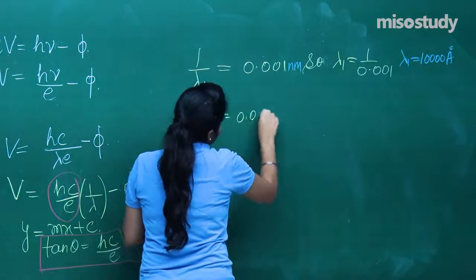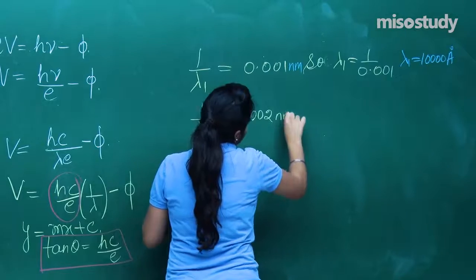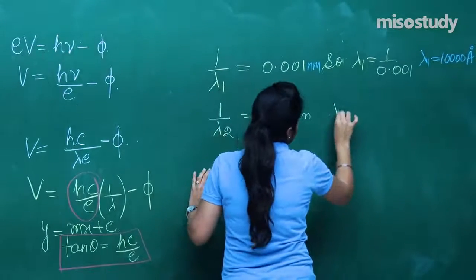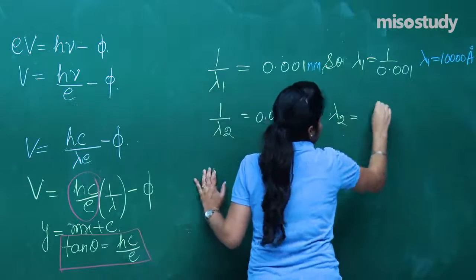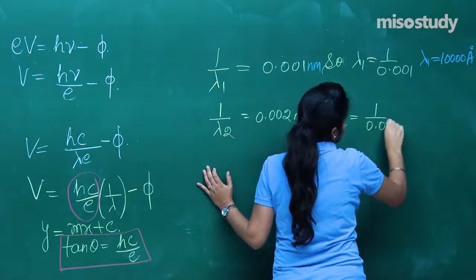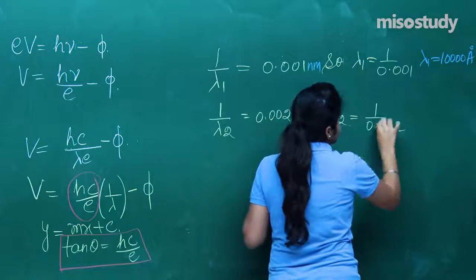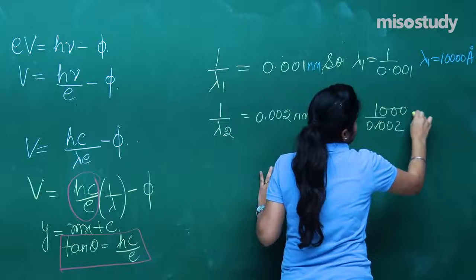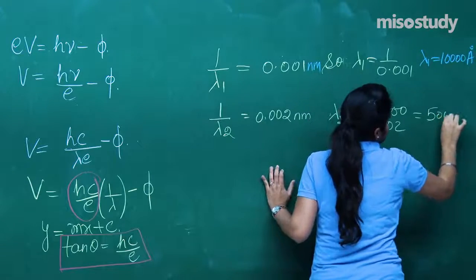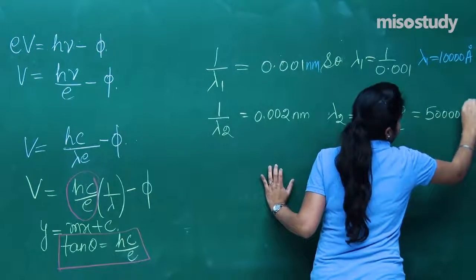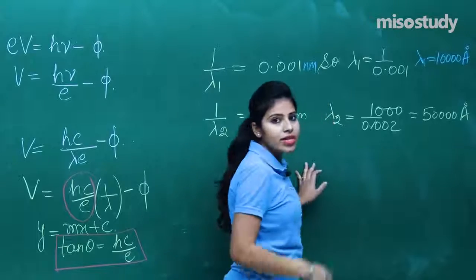Now time to do lambda 2. This was 0.002 nanometer, so your lambda 2 would be 1 upon 0.002, and I am converting it to angstrom along with that.